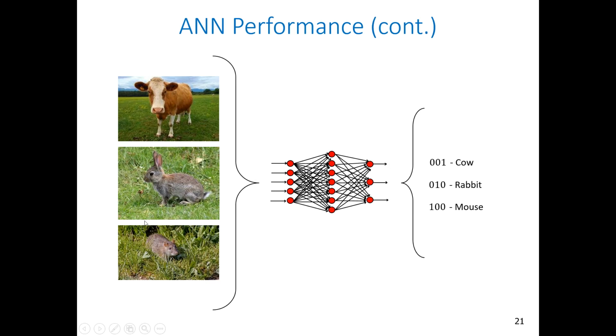Similarly, if you give the pixel values of this image, the expected output can be 100. Then the next step is to decode. So first you encode, next you decode. Decode means you change 100 back to mouse. So, encoding and decoding.